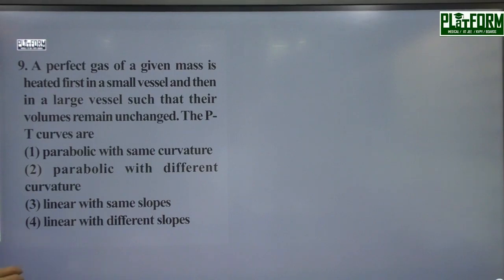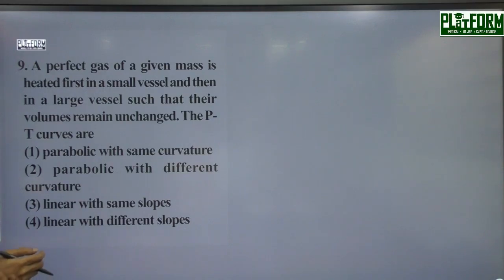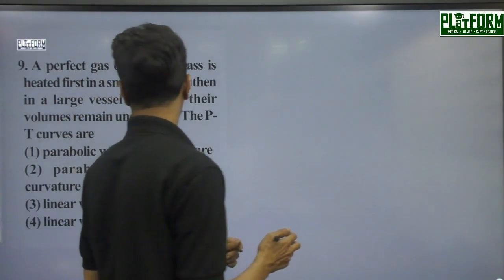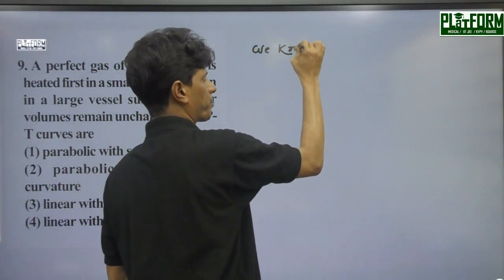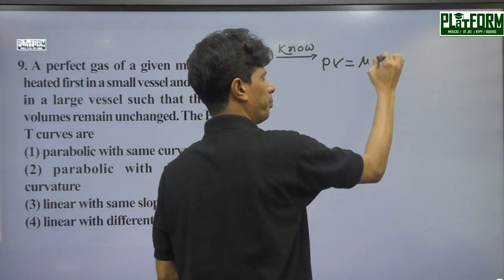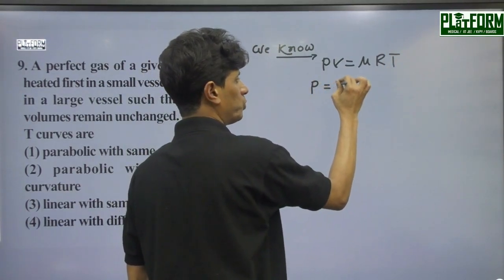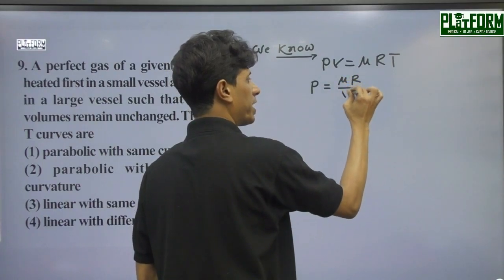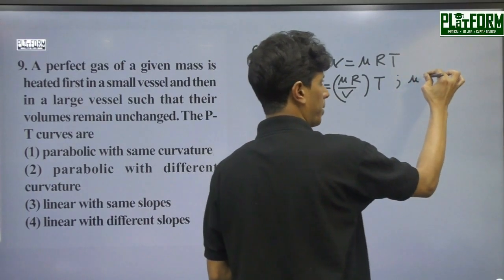Next problem. A perfect gas of given mass is heated first in a small vessel and then in a large vessel such that their volumes remain unchanged. The P versus T graphs are? We know PV equals mu RT, and P equals mu R by V into T. Here mu is the number of moles.